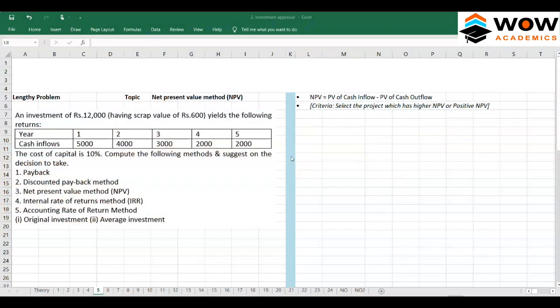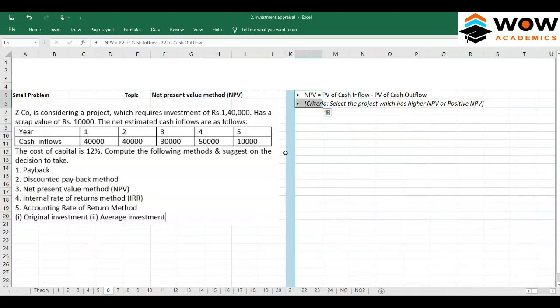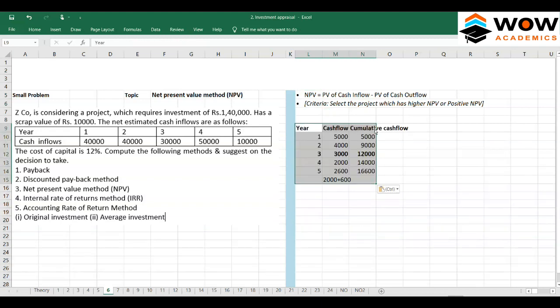With the NPV problem here, we have basically the same numbers as in the previous problem, so we'll just copy it from there. We have typed the numbers here, and our next step is to find out the NPV for this sum.